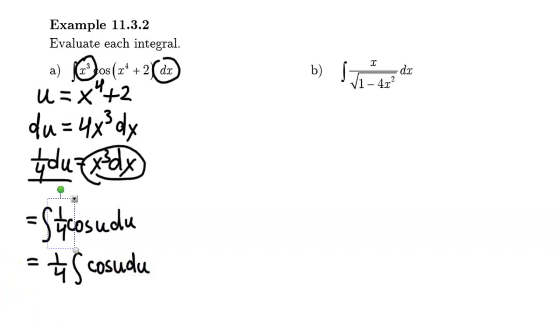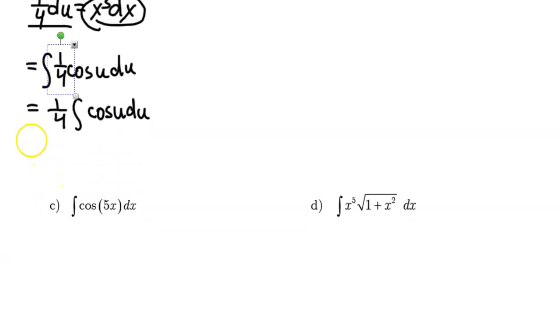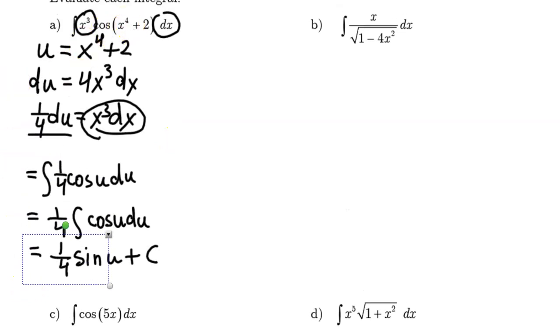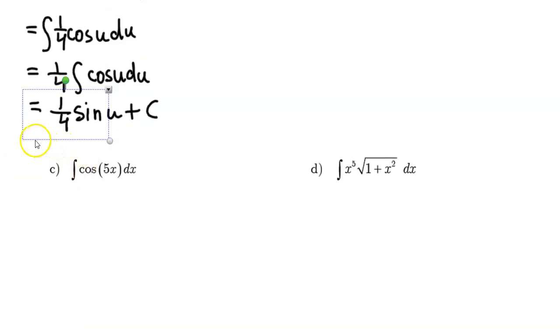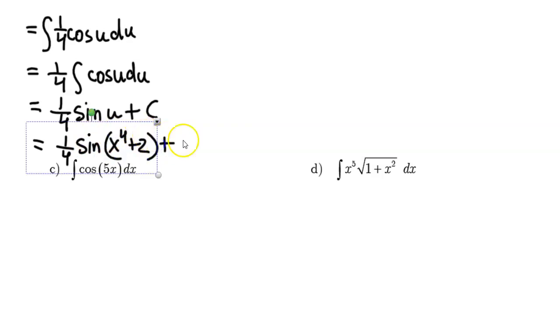Okay? And so that makes it really easy because the antiderivative of cos u is precisely sine u. Okay, but u, as we know, is the fourth degree polynomial function x to the 4 plus 2. So I end up with 1/4 sine of x to the 4 plus 2, plus c.